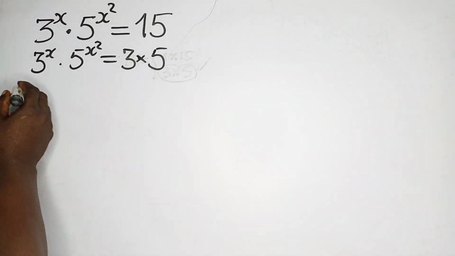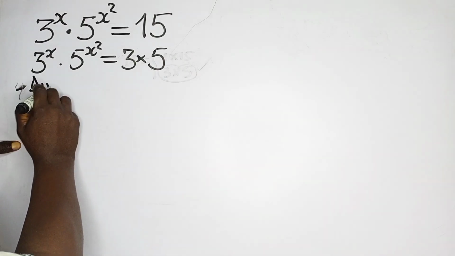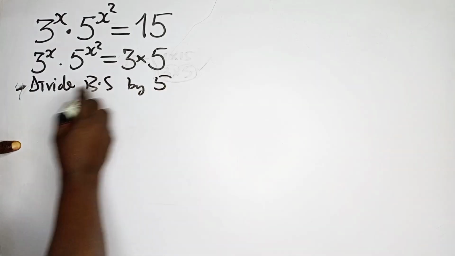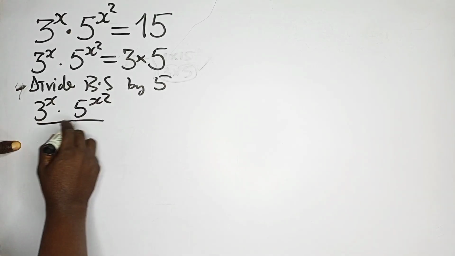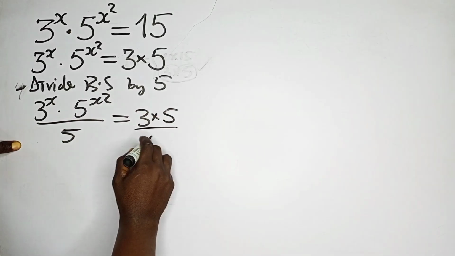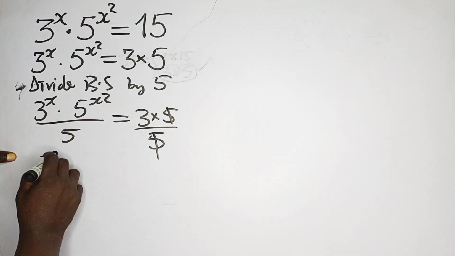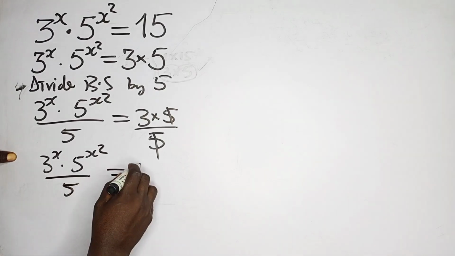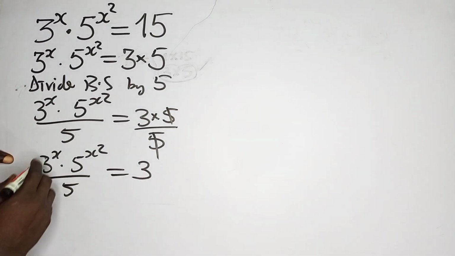We have 3 to the x multiplied by 5 to the x squared divided by 5 is equal to 3 times 5 divided by 5. The 5 here cancels, and we have 3 to the x, 5 to the x squared all over 5 is equal to 3. Now, we also divide both sides by 3 to the x.